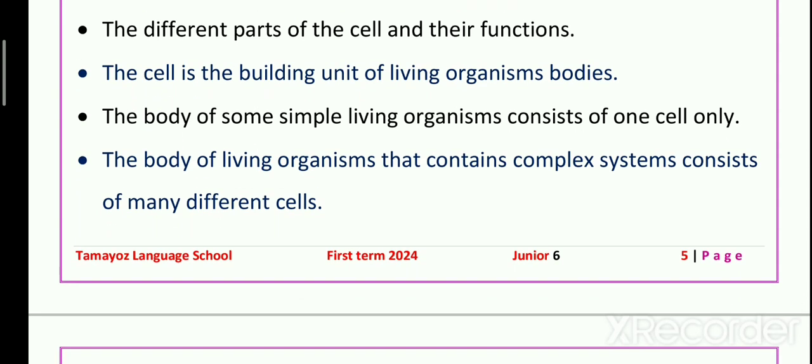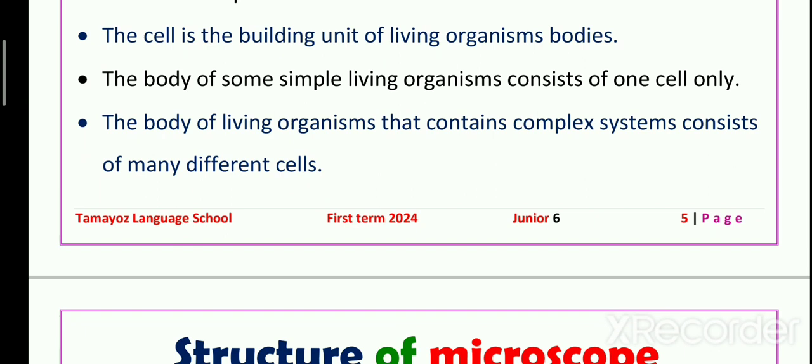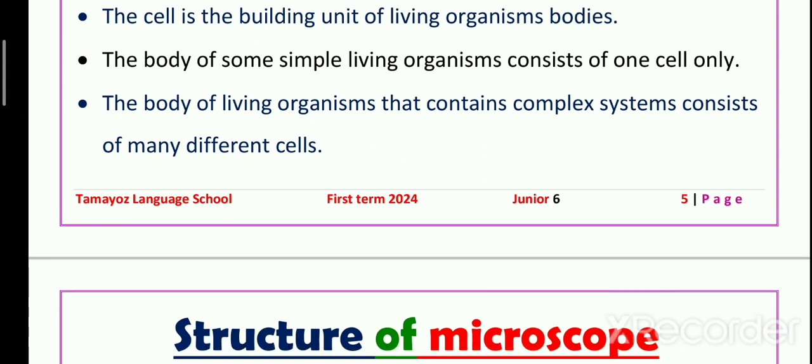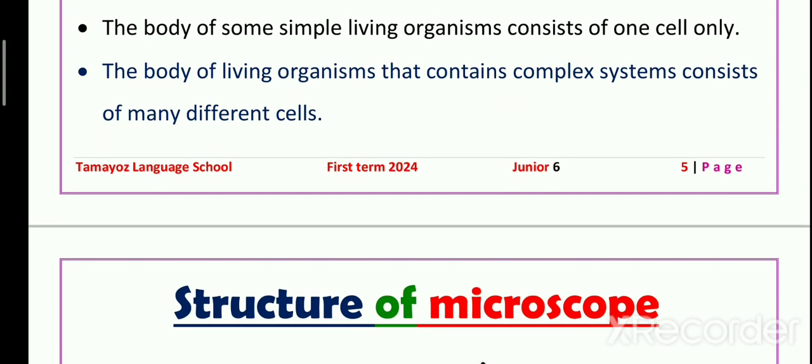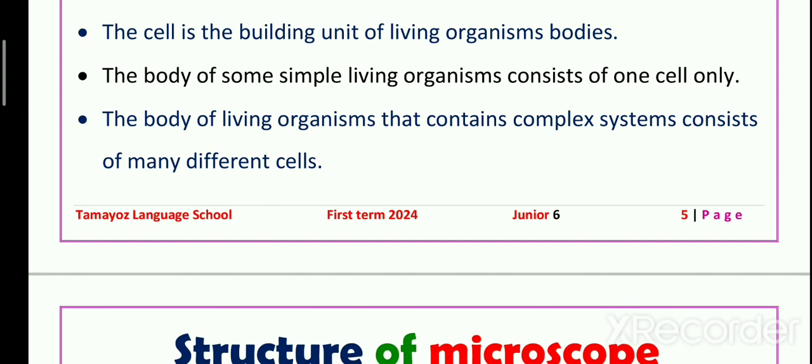And also we know from the modern microscope that the body of some simple living organisms, like what? Who can tell me like what? Right, simple living organisms like bacteria consist of one cell only, and the body of living organisms that contain complex systems, like humans, consists of many different cells.